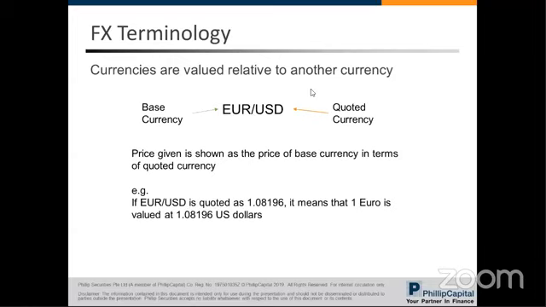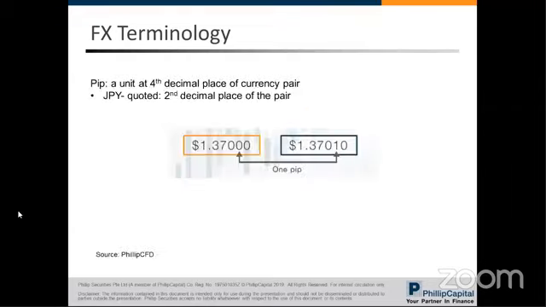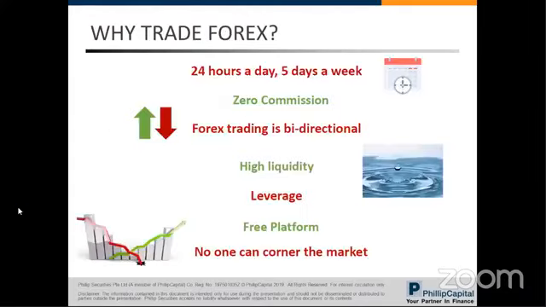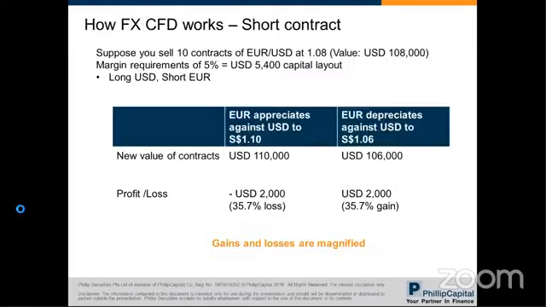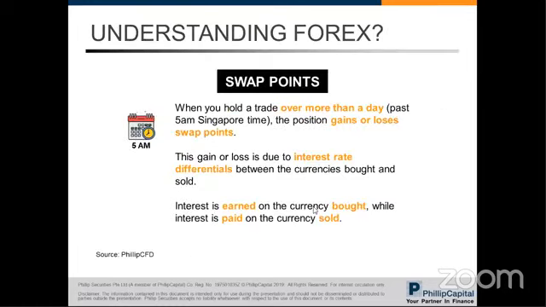So do you earn or lose interest on the base and quoted currency? In this case, we are doing it in terms of the swap points, which is earning on the currency that you buy and paying on the currency that you sold.